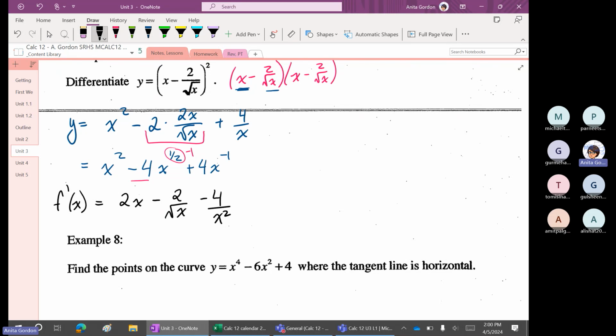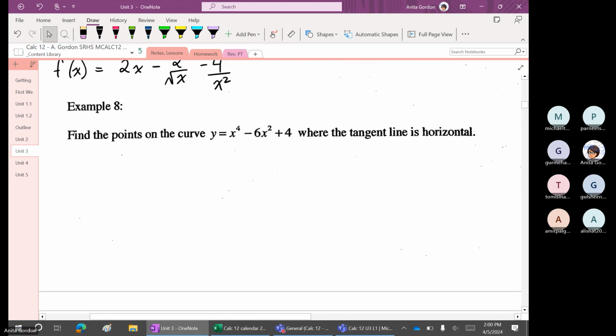Okay, example 8 is pretty much the same as example 5. So I want you to do those 4 steps together. Okay? Find the points. So your answer should be coordinates. On the curve, this is your original f of x, where the tangent line is horizontal. What does that mean? Slope is 0. Okay, so you are going to find f prime of x.